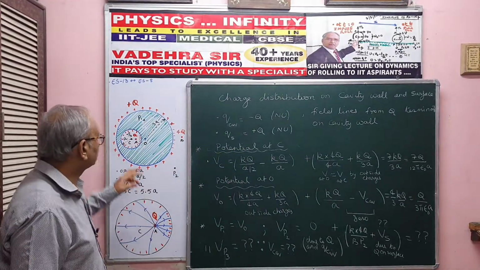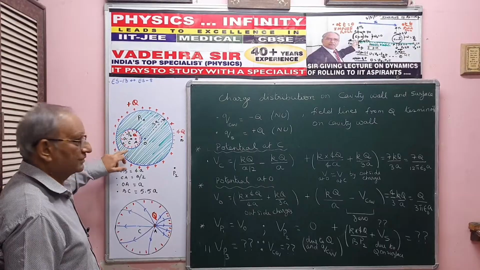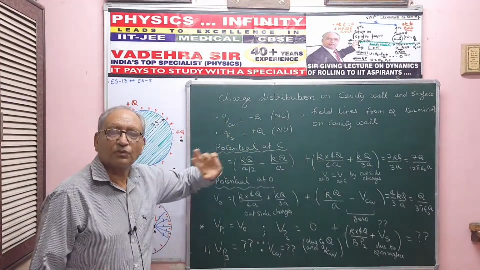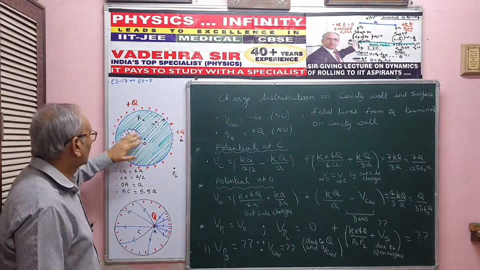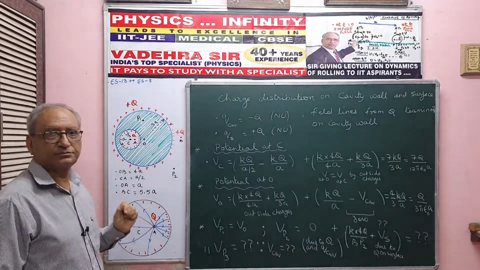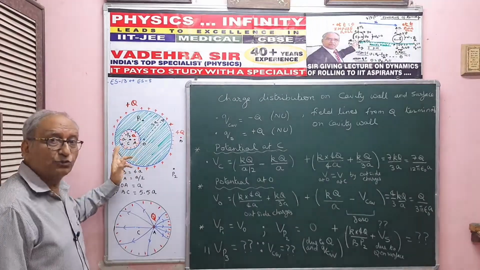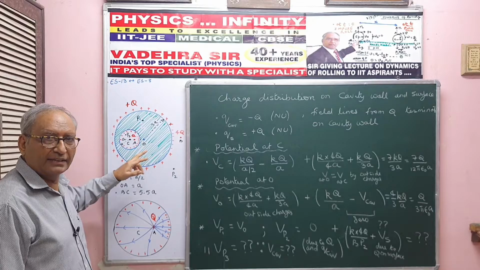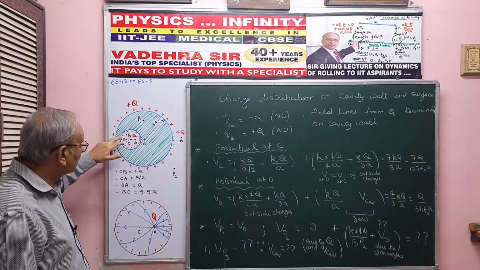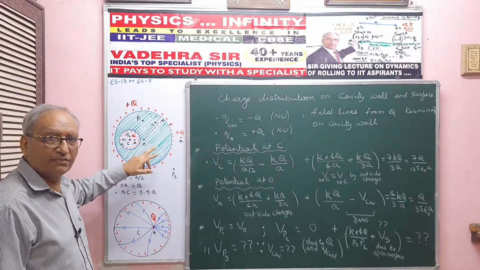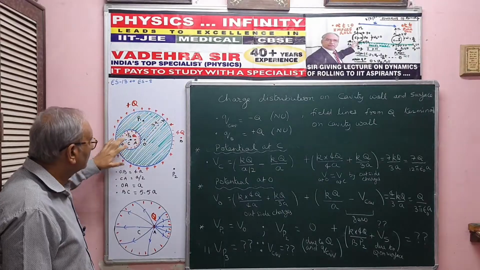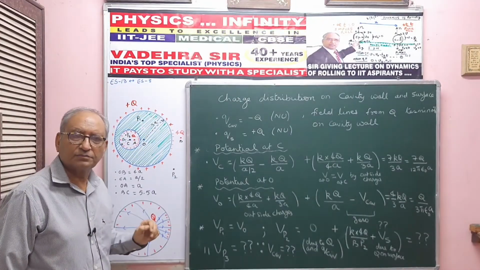KQ upon A. And the contribution from this, that is minus Q, non-uniformly distributed on this cavity wall. But O is an outside point and the conductor shields Q and minus Q and gives the field 0 at all points in the conductor.